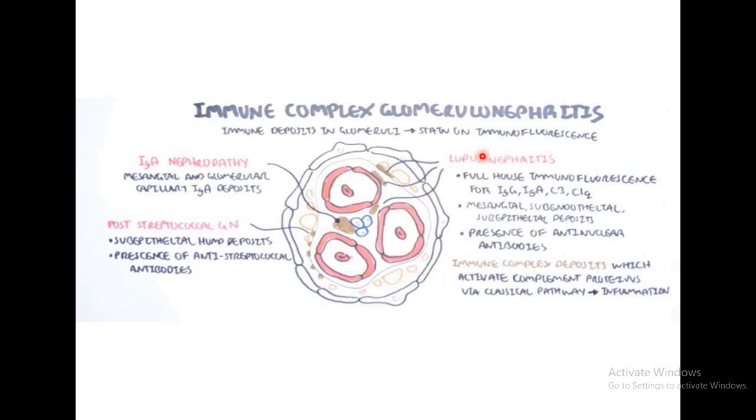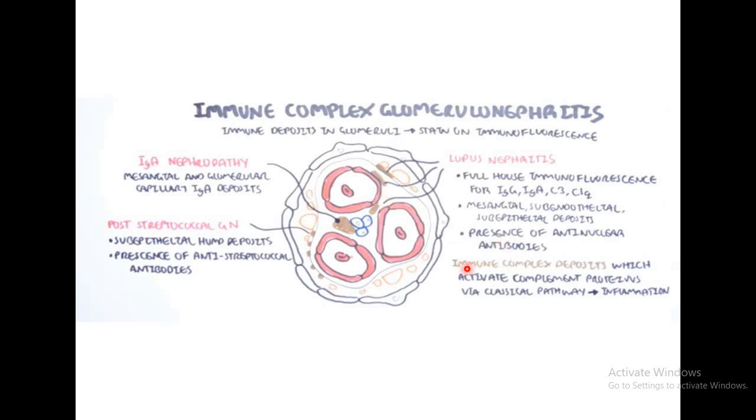Pathologically, what we see in lupus nephritis is there will be deposition of IgG, IgA, C3 and C1q in the mesangium, in the subendothelial region as well as in the subepithelial region. So there is widespread deposition of immunoglobulin G, immunoglobulin A, C3 and C1q in the mesangium, in the subepithelial and subendothelial region.